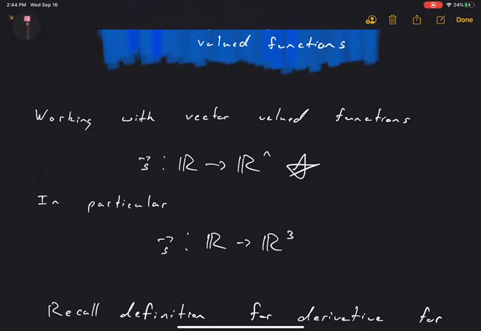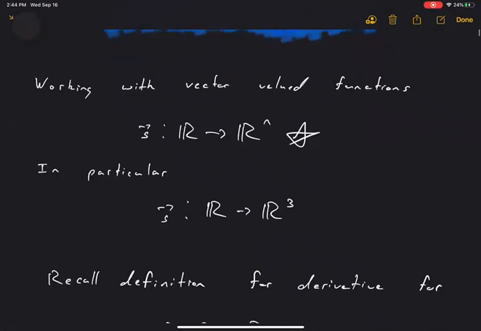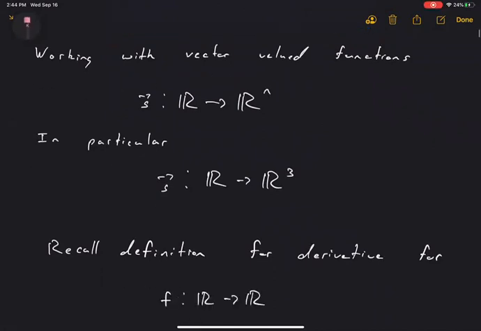I'm using S because the book uses lowercase r, but there's a lot of R's in this, and I don't want to say R from R to R, which just sounds confusing. Remember that a lot of what we're doing can be generalized to n dimensions. In particular, though, we're going to be interested in 3 dimensions.